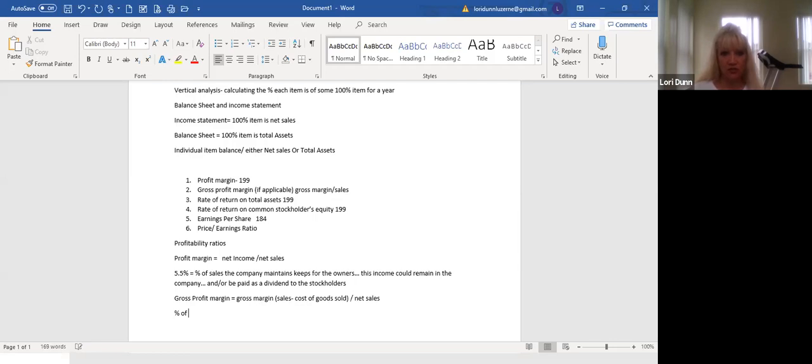So it's the percentage of sales left after paying for the product you sold. Sales is what you charge the customer, cost of goods sold is what you paid for the item you sold. So it's pure profit after selling your product. Compare that to others. Remember, you still need to subtract expenses from it, but that's what it's telling us.